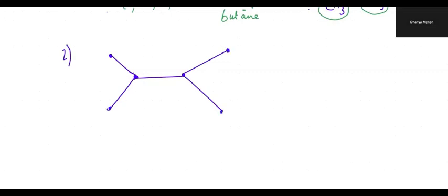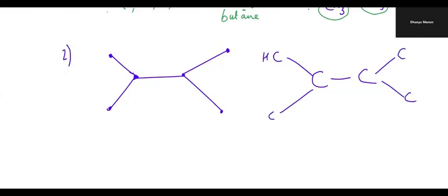So if you draw it like a structure, this is carbon, carbon, carbon, and carbon. So filling in the hydrogen, one valency is satisfied, 3 more. One valency is satisfied, 3 more. 3 valencies are satisfied, 1 more. 3 valencies are satisfied, 1 more. Here 1 valency is satisfied, 3 more. Here also 3 more because 1 valency is satisfied.